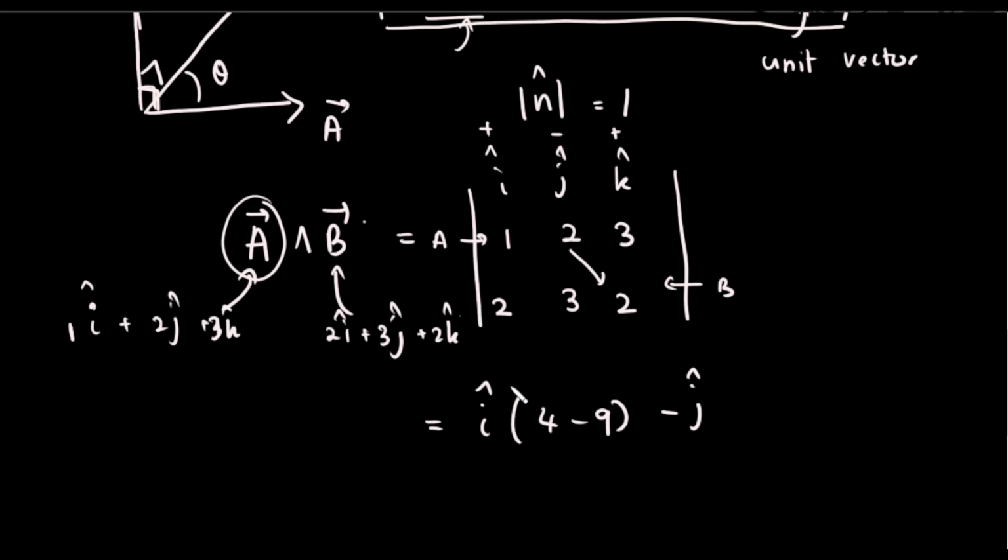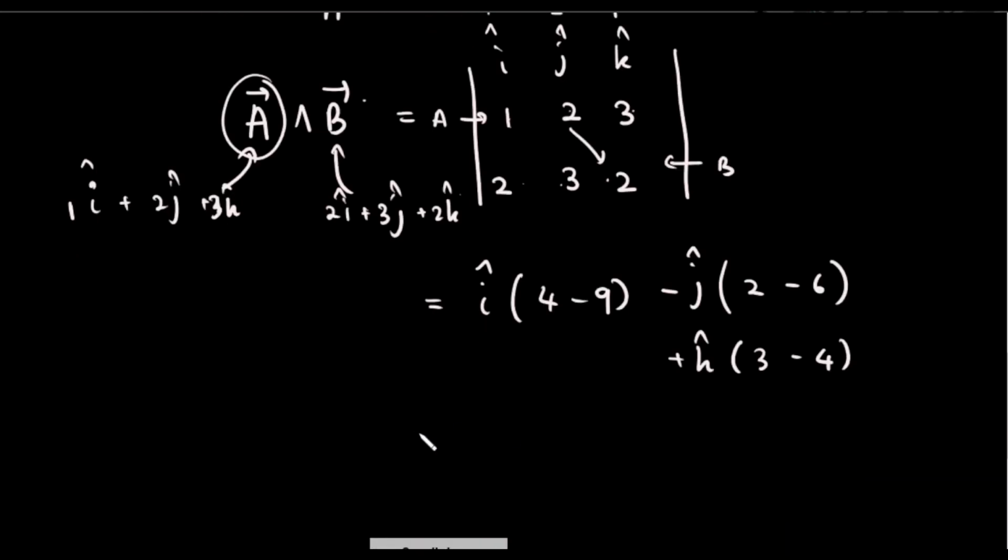So minus j hat times 1 times 2 minus 3 times 2, that means 2 minus 6, and plus k hat times 1 times 3 minus 2 times 2, that means 3 minus 4.